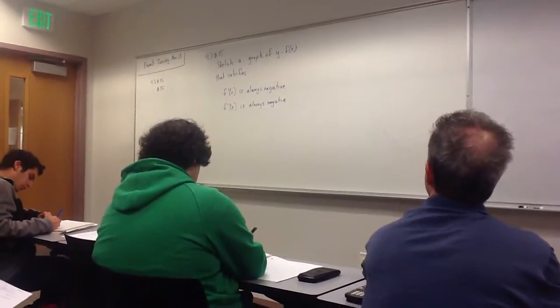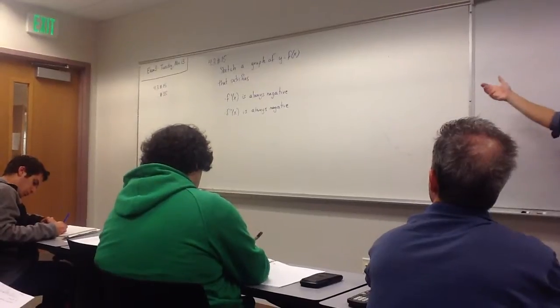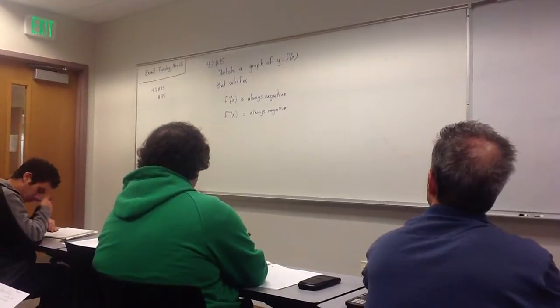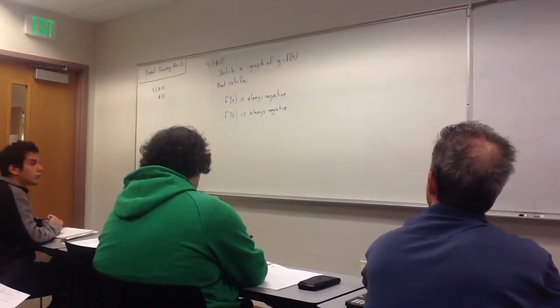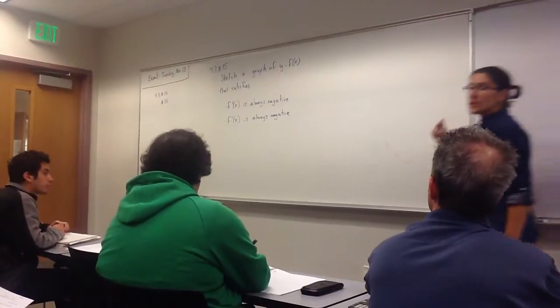Okay, so questions like this are good because it requires that we look at the information, the clues about a function f's derivative and second derivative, and based on that information come up with an example of a picture that satisfies all of these requirements.